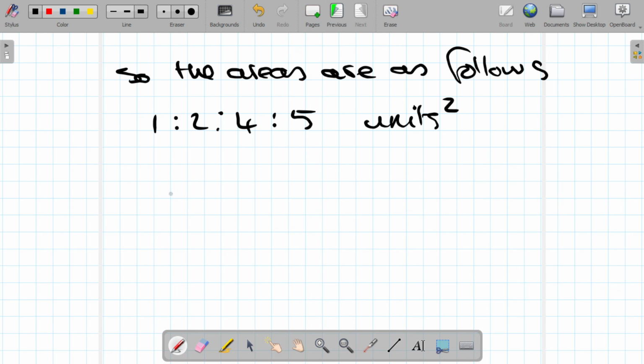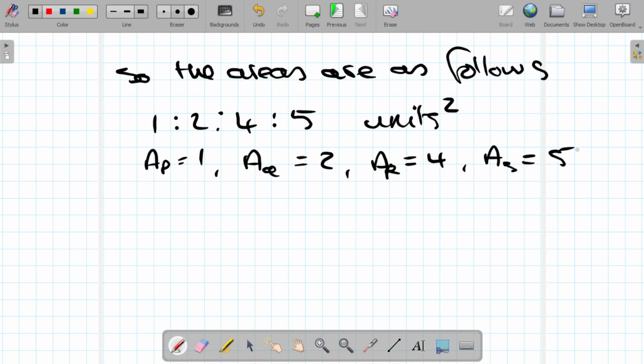Or you could just write it as the area of P equals 1, the area of Q equals 2, the area of R equals 4, and the area of S equals 5, basically, in terms of square units.